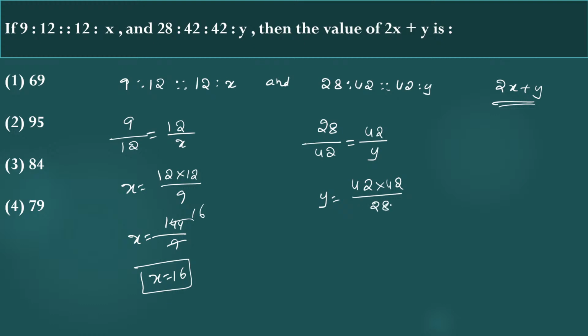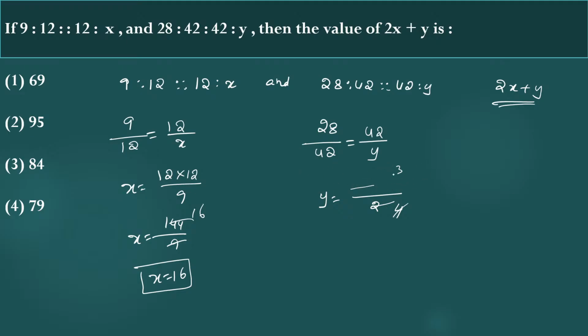Which table is common here? 7. 7 fourths.